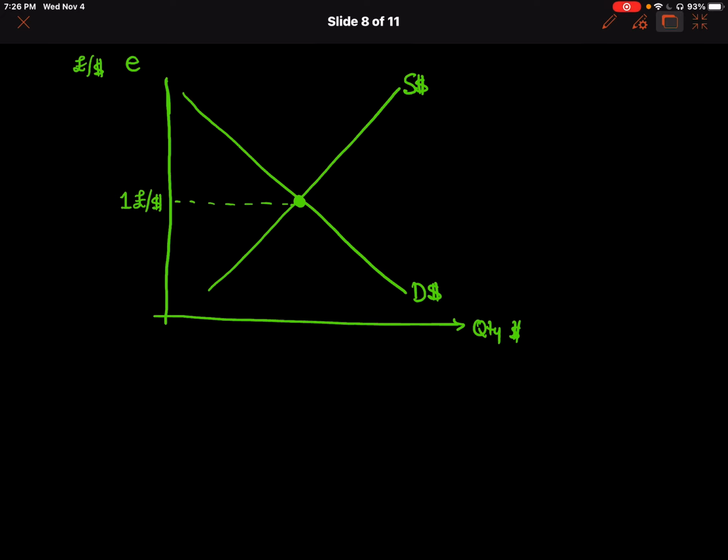Now let's suppose that we have higher interest rates in the US, and it's relative to what else you could do with your savings. You can either save by buying US financial assets, or you can save by buying foreign financial assets. If interest rates in the US rise relative to those abroad, so this means we see an increase in US interest rates relative to abroad, or foreign interest rates like in the UK, then what does that mean?